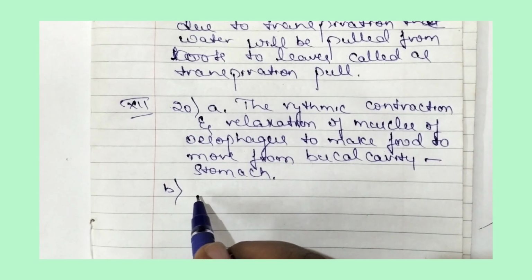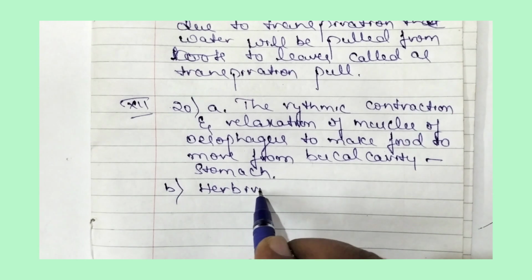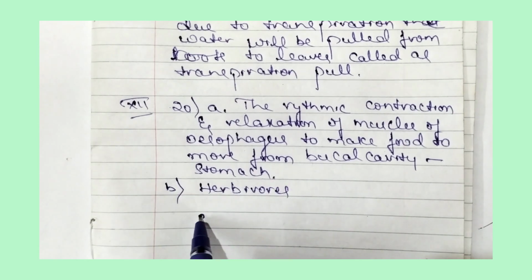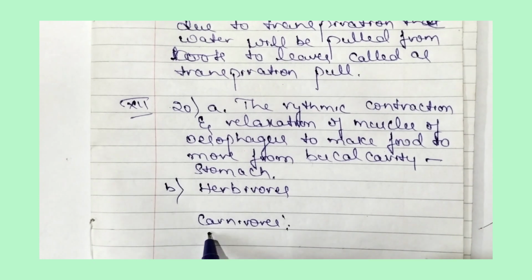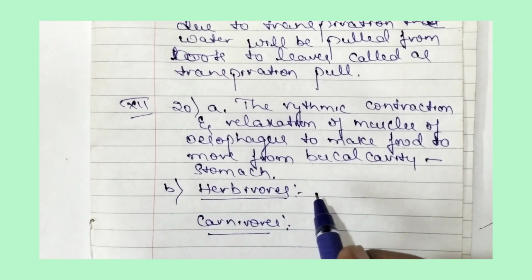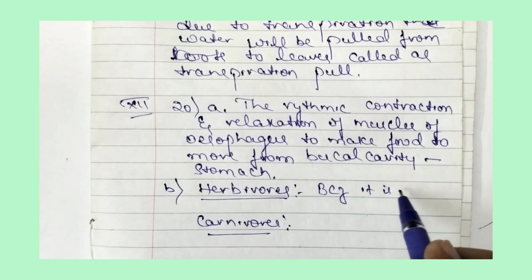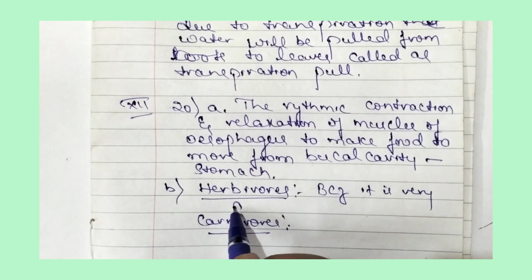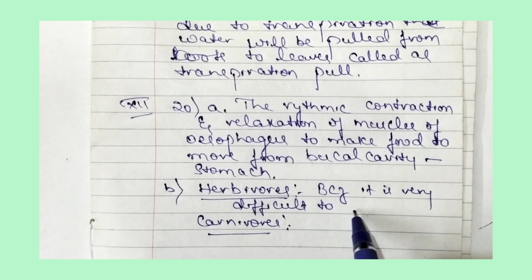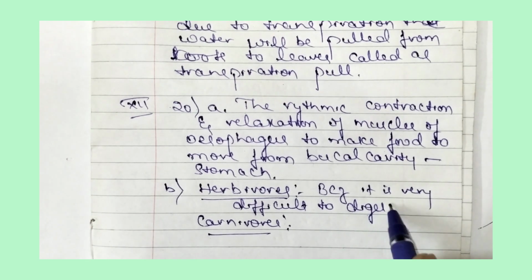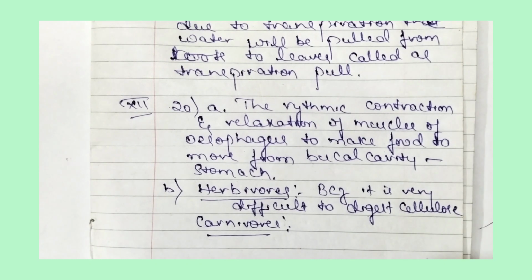In the next question they have given, why do herbivores have a longer small intestine and carnivores have a shorter small intestine? So why do herbivores have a longer small intestine? Because it is very difficult to digest cellulose.